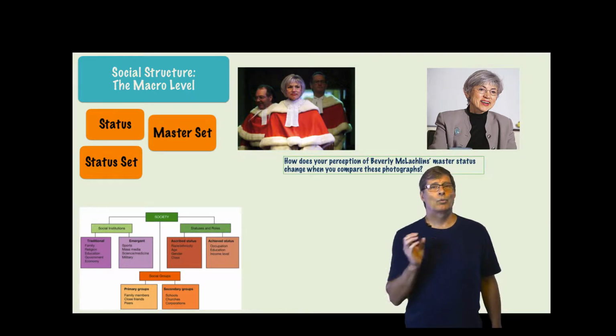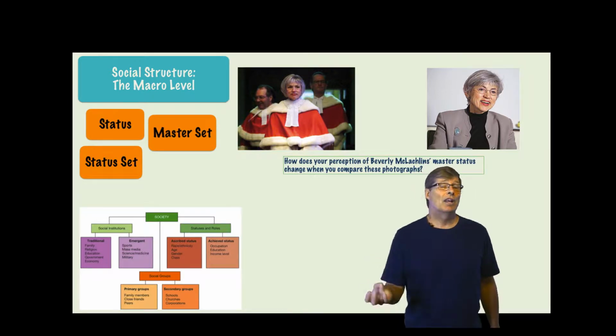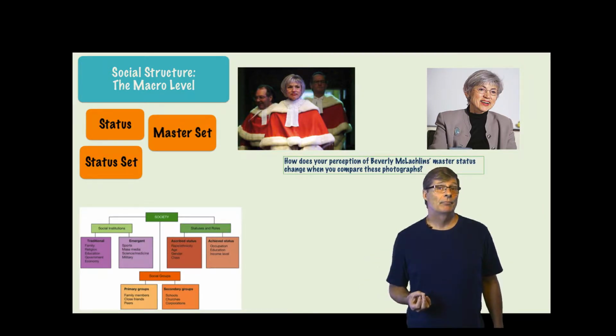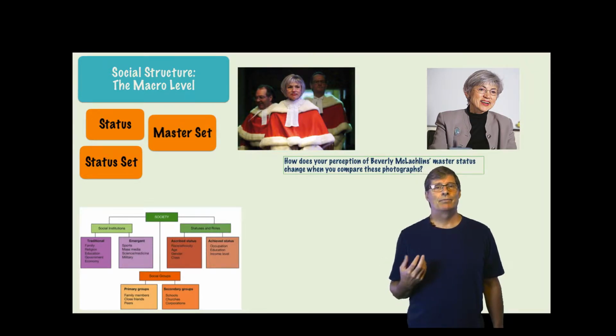Being poor or rich is a master status that influences many other areas of life, including health, education, and life opportunities. Now, historically, the most common master statuses for women have been related to positions in the family, such as daughter, wife, mother.